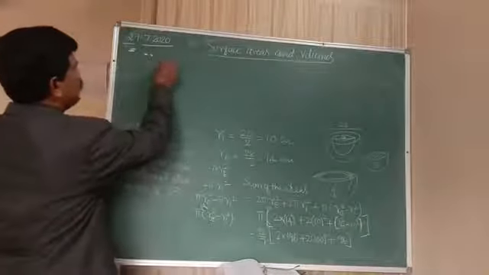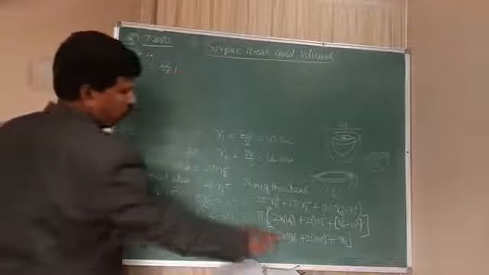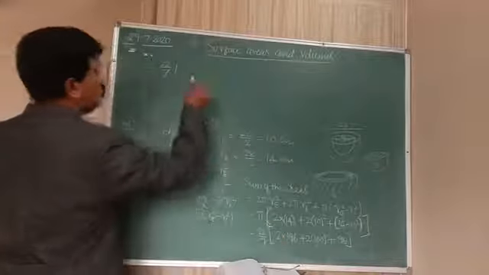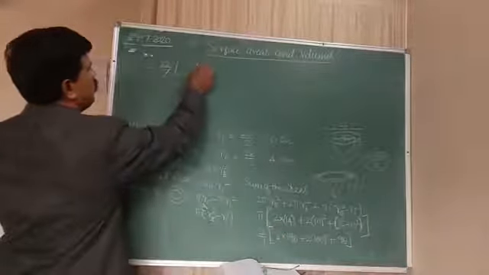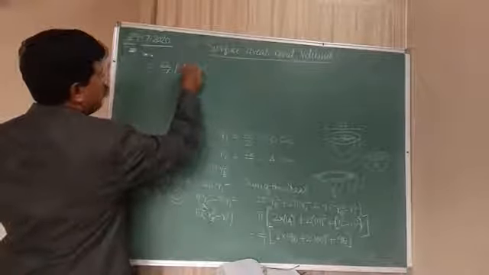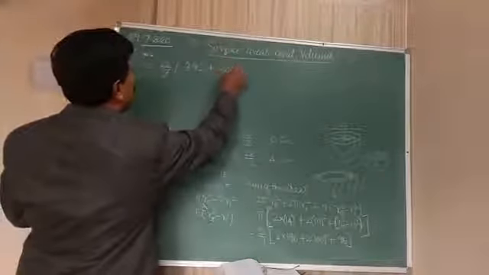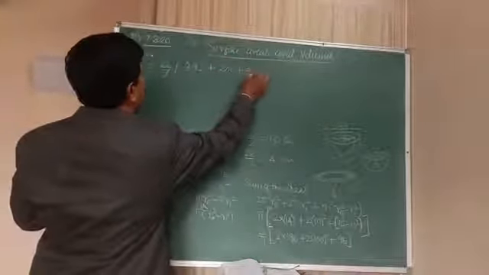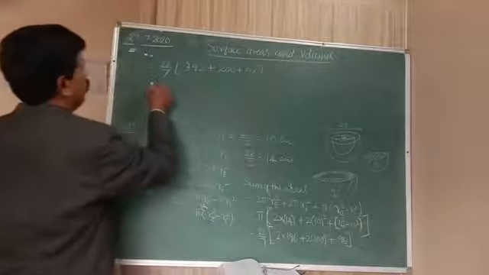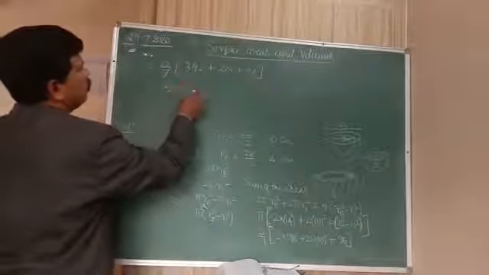Now this is 22 by 7 into 196 into 2. 2 sixes are 12, 2 nines are 18, 1 is 19, 2 ones are 2 and 3, plus 100 into 2 is 200, plus 96. This is 22 by 7 into the sum.